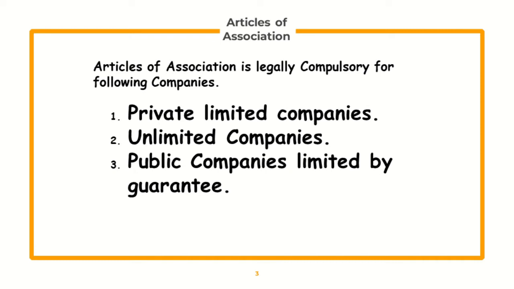Number one, it may adopt Table F in full, or it may partly set out its own articles and adopt part of Table F, or it may wholly exclude Table F and set out its own articles. So, these articles of association play a very important role in the management of affairs of the company.